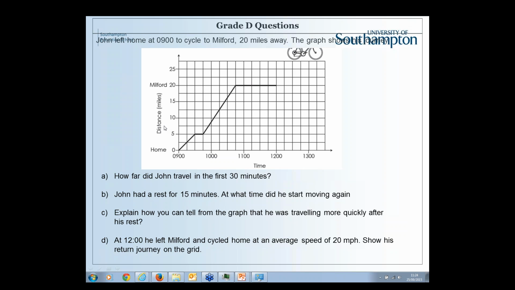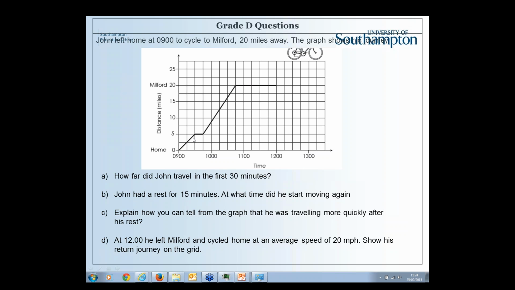So velocity is basically just the vector form of speed, so it's speed in a particular direction, and displacement is distance in a particular direction. So in terms of the fact that he returns home, his displacement ultimately is 0, because displacement is all about the distance from your original position. And because he's gone out to Milford and come back again, at 1300, his displacement is 0 again.